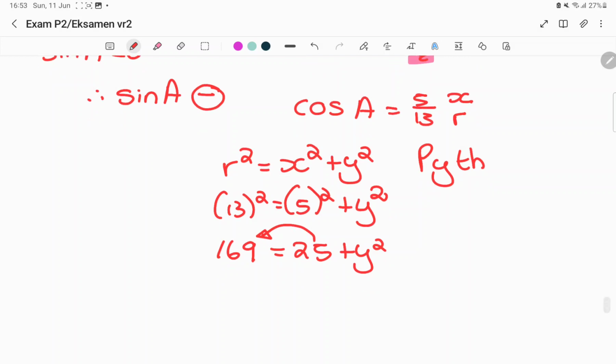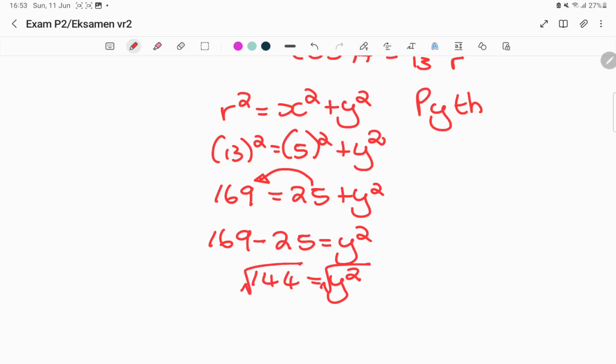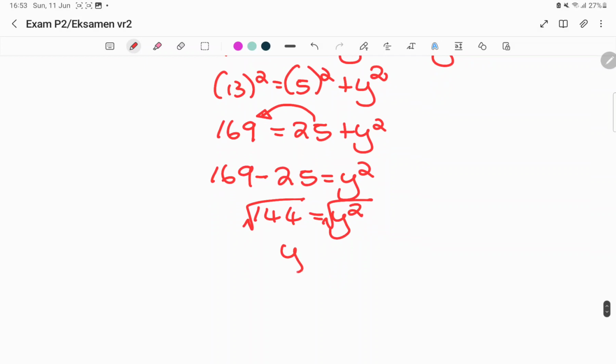At the moment it is positive, so if it goes over it becomes minus 25. 169 minus 25 is 144. To get rid of my squared, I have to put both sides in a square root. So y is equal to either positive or negative 12.